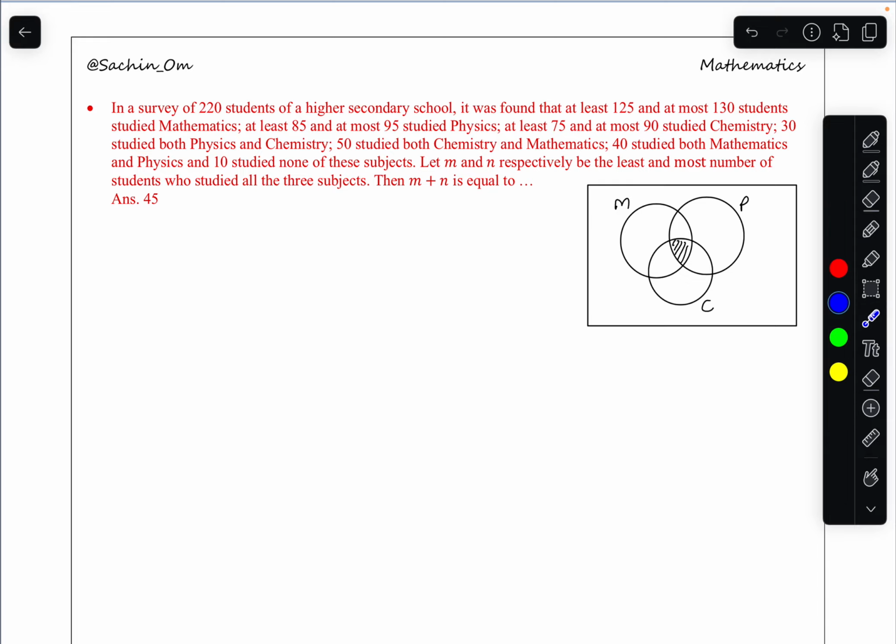If m and n denote the least and maximum possible number of students who studied all the three, then what can you say about the value of m plus n?